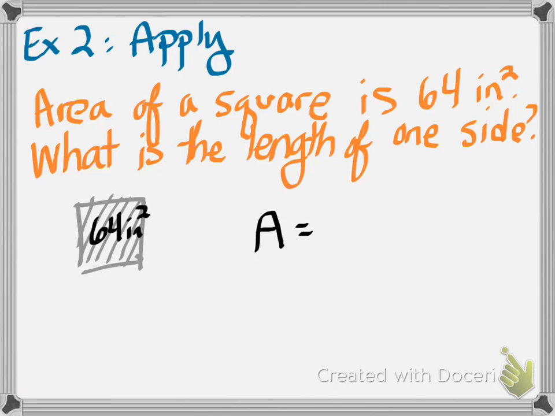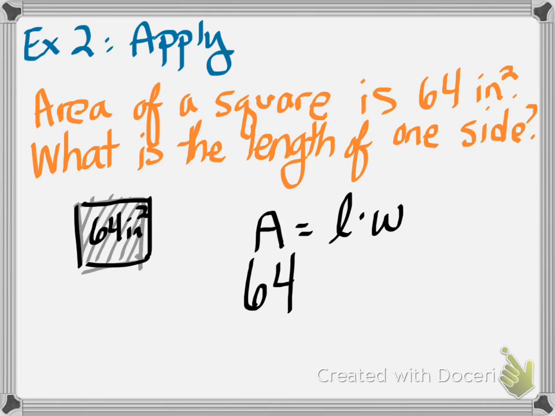Well, the area of a square is just length times width, but in a square it's the same thing. The sides are all equal, so I know that my area is 64 and my sides are the same. S is for sides.